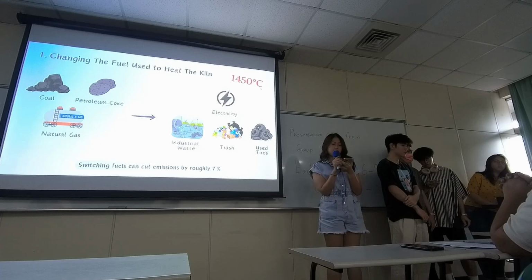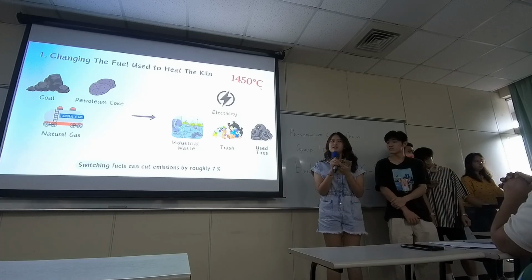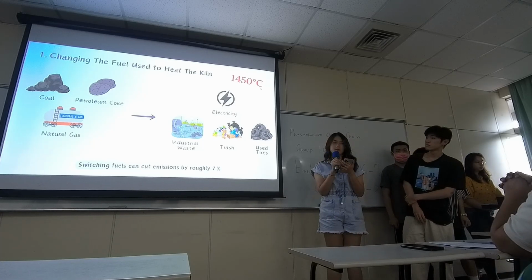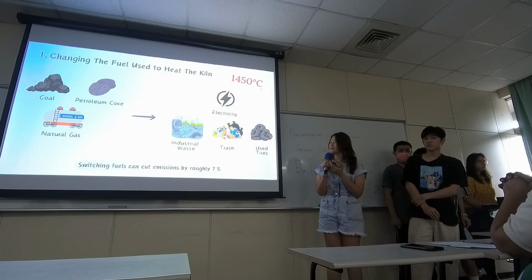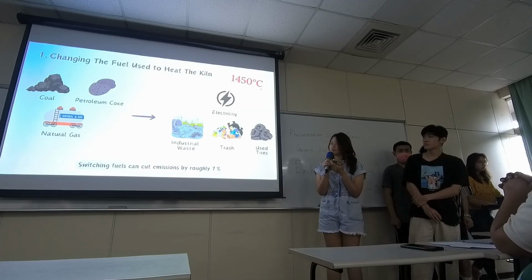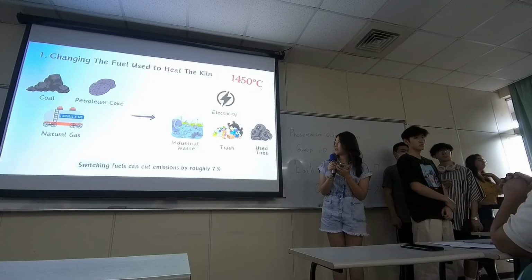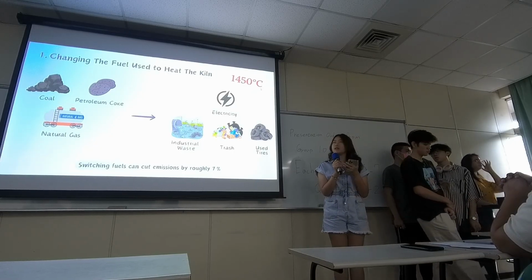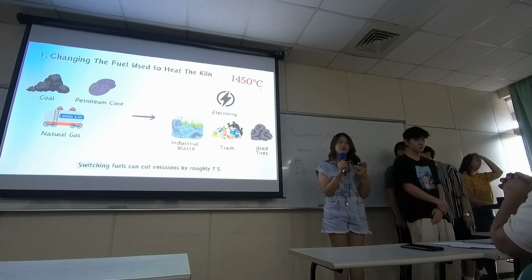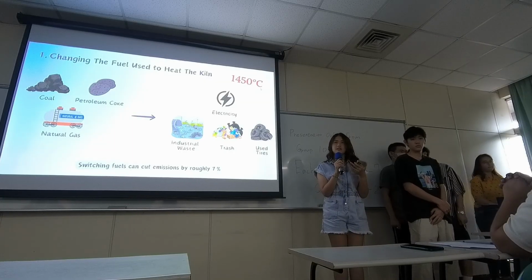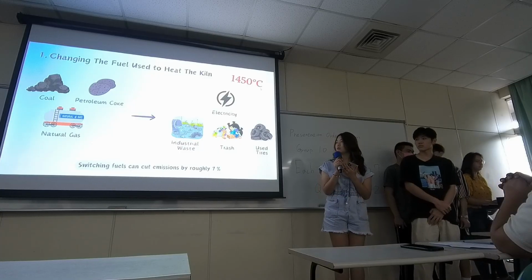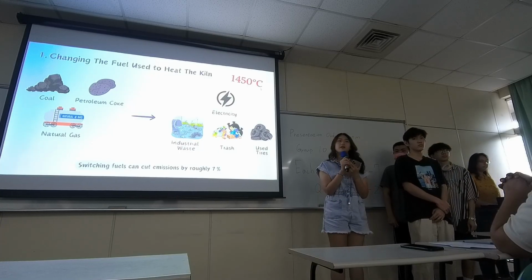You can use electricity to heat the kiln, but it's harder to reach that high a temperature using electricity. So cement plants started to burn different things such as industrial waste, trash, and used tires, which also makes cement plants a good place to incinerate trash. Switching fuels can cut emissions by roughly 7%.